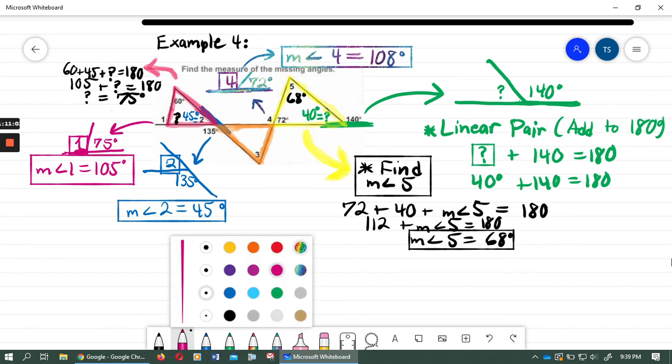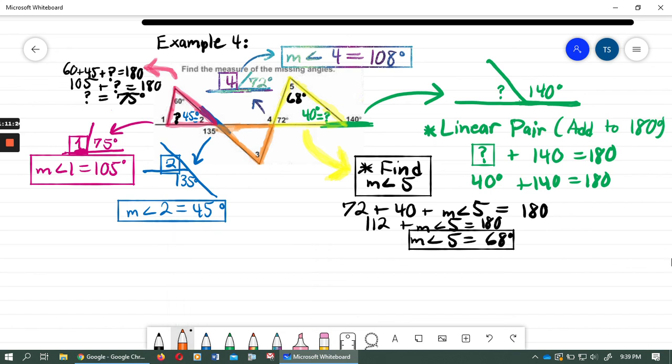Let's see, what can we do here? Why not go ahead and just do orange.